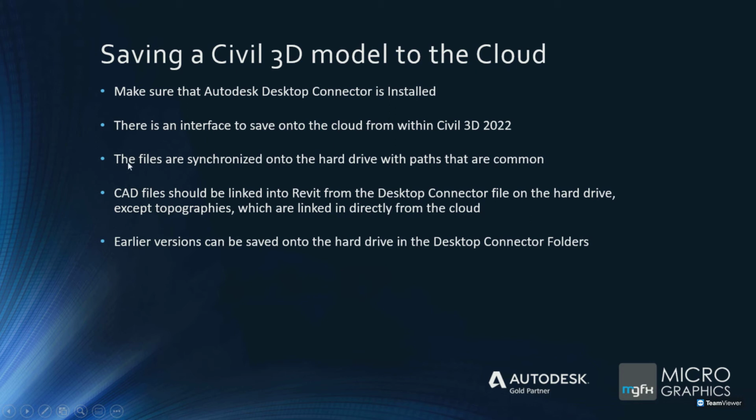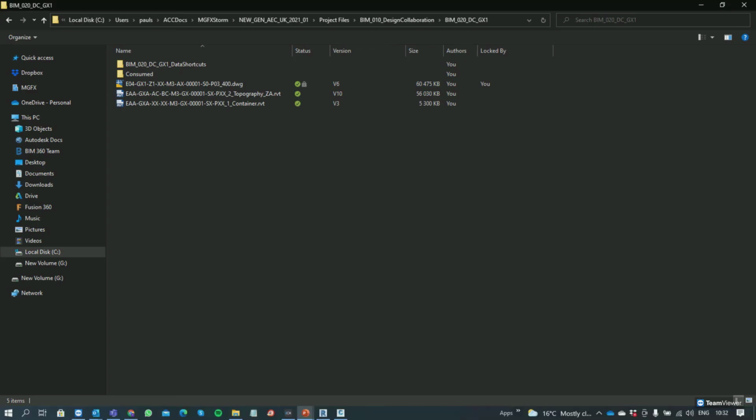Another thing to note is that the files that are synchronized onto your hard drive, although this is pointing towards your local disk, the file paths that the cloud sees are all common between your computer and some other computer.